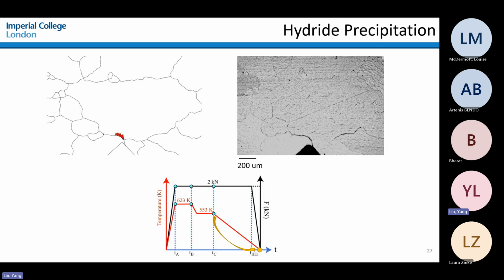And now we're going to look at the hydride precipitation, where you can see that this hydrogen redistribution near the grain boundaries would induce a higher hydrogen concentration in specific spots in the microstructure. Those spots would turn into hydrides, and the hydride precipitation would change the local mechanical responses and precipitate a bit more during the temperature dropping period.